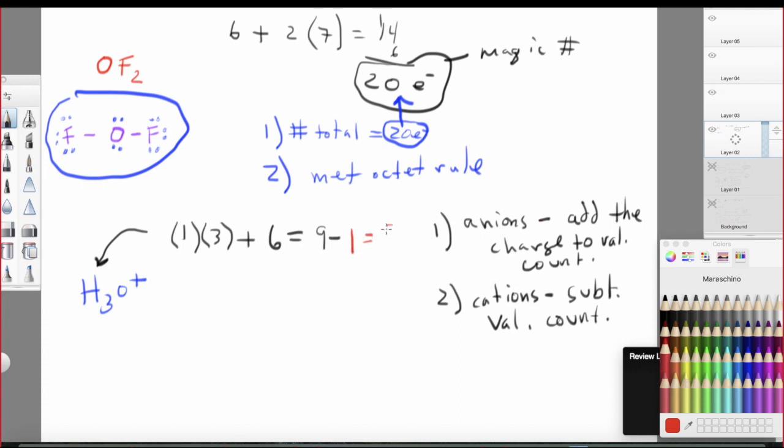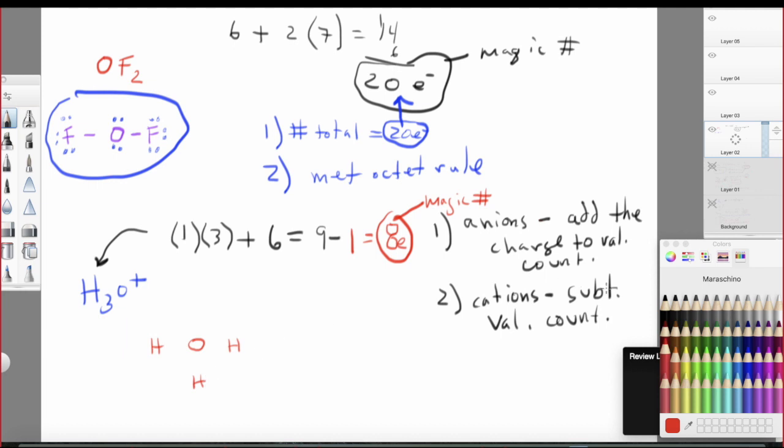So the total number is 8 electrons. This is the magic number for this compound.